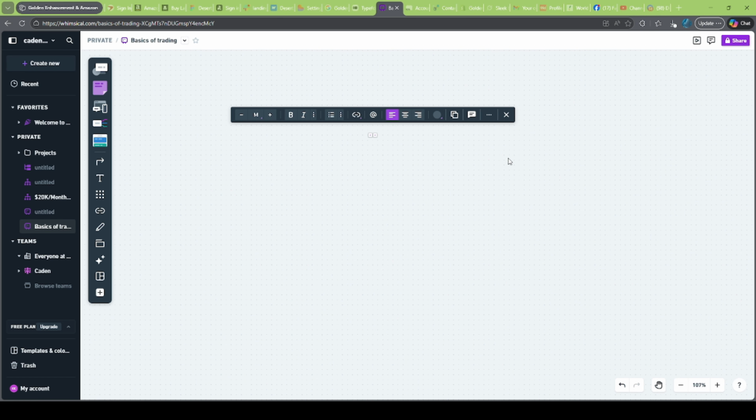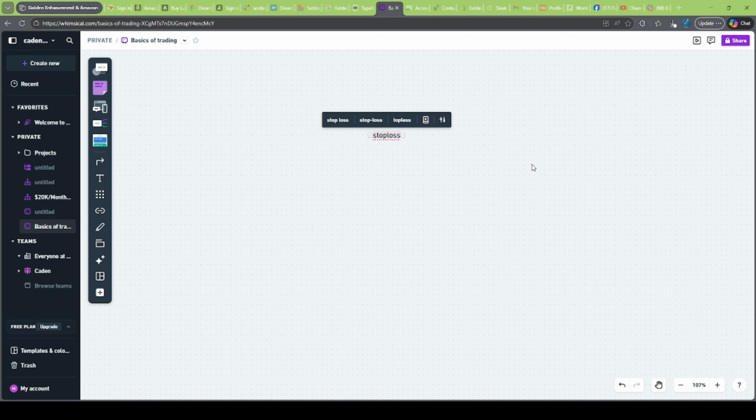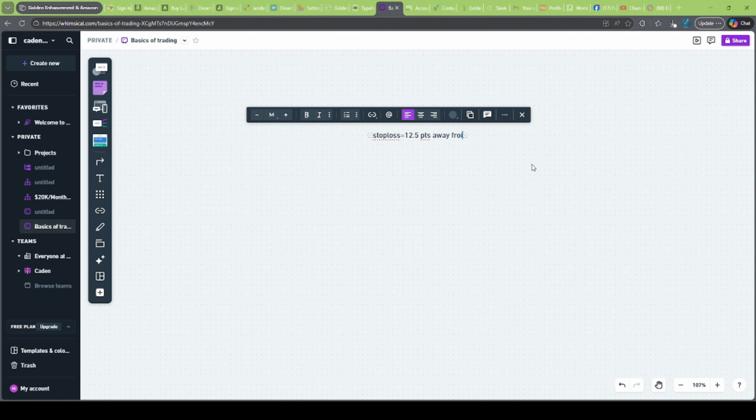So, for risk management, this is the strategy I always follow. Anytime I enter a trade, whether it be a buy or a sell, I have a stop loss of 12 and a half points away from entry.